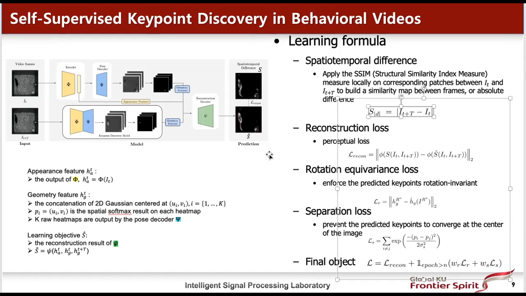And is that always pretty much the case for all the animals considered? The author has conducted ablation studies about how to choose T, but in the supplementary. So I didn't show the results of the supplementary in this presentation.